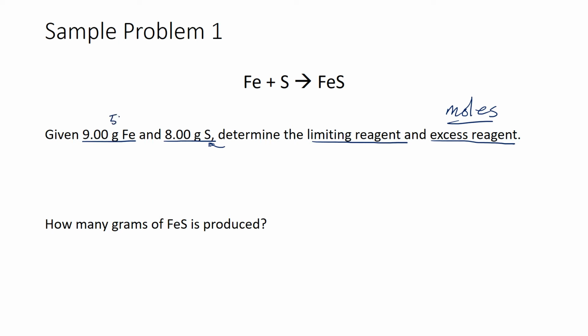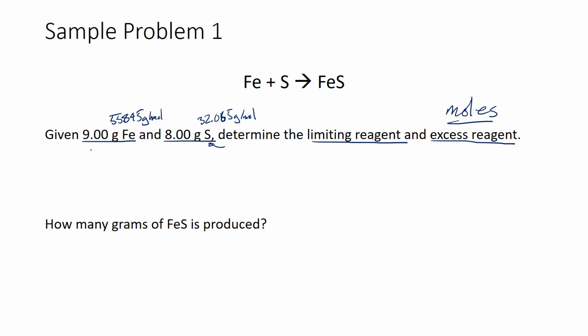The molar mass of iron is 55.845 grams per mole, and the molar mass of sulfur is 32.0656 grams per mole. Right, so let's do the maths really fast.